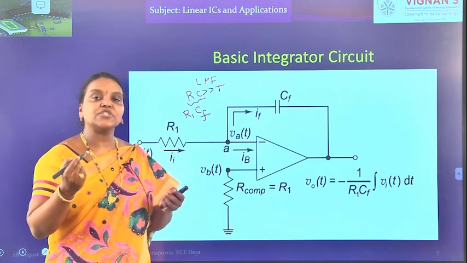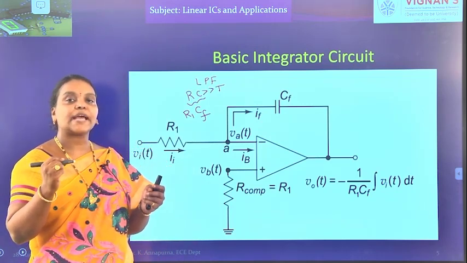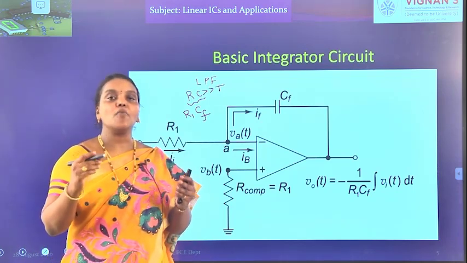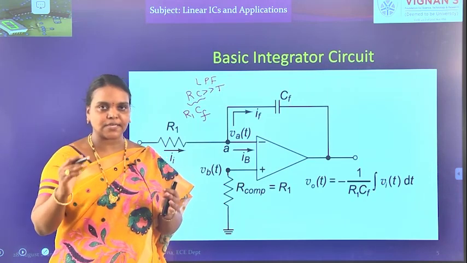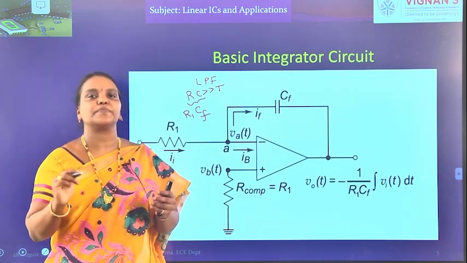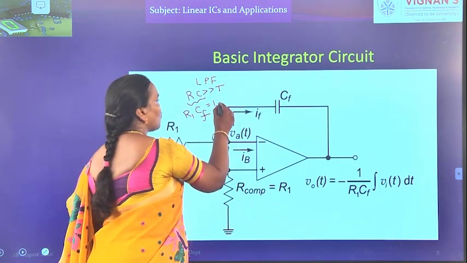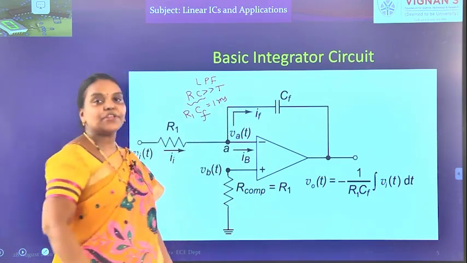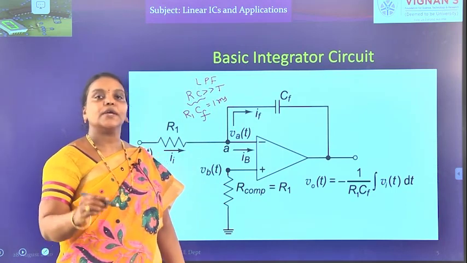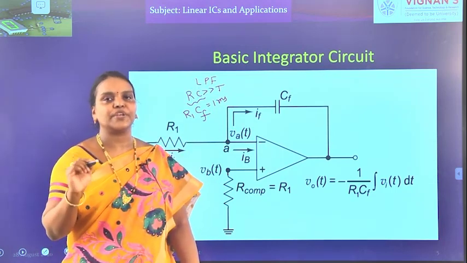What is the significance of the time constant? The time constant represents how much time is needed for the circuit to respond to new inputs. Suppose the time constant is 1 millisecond, it means within 1 millisecond it is able to respond to new inputs.